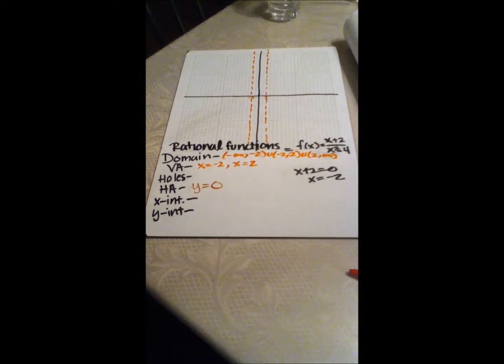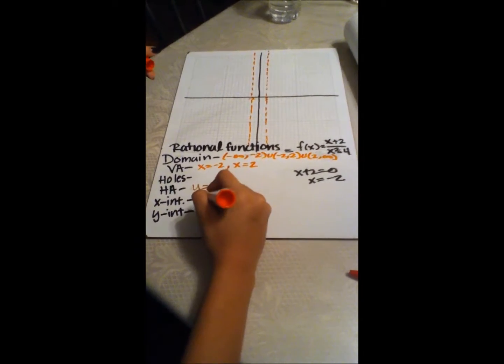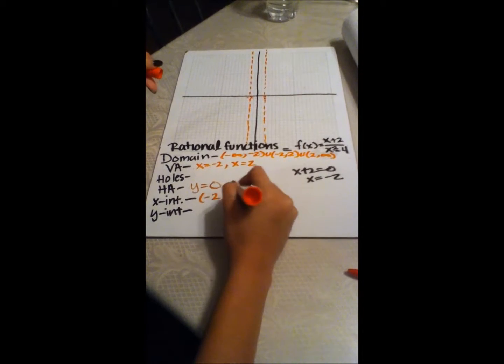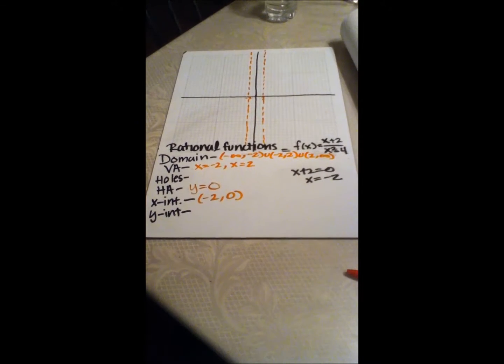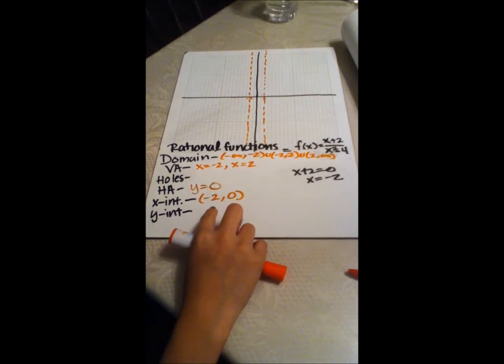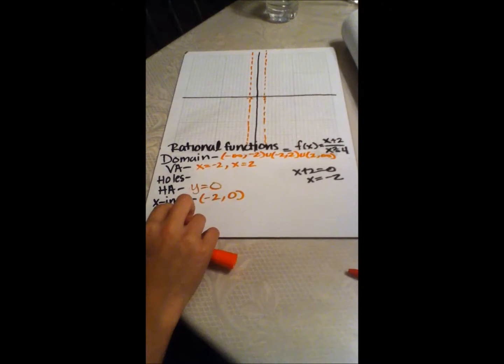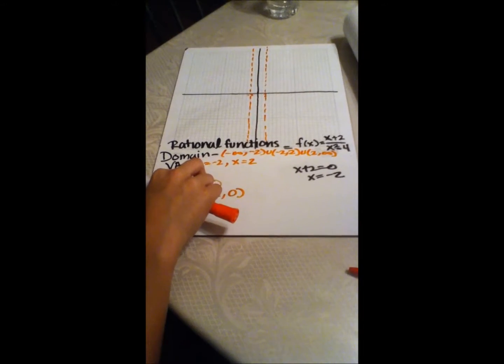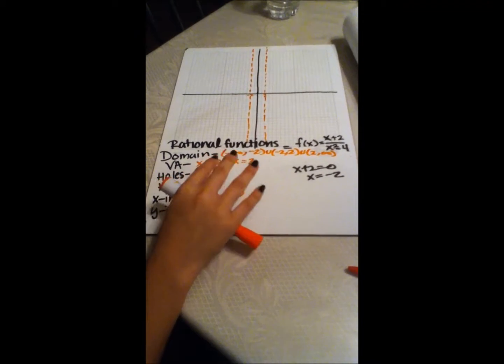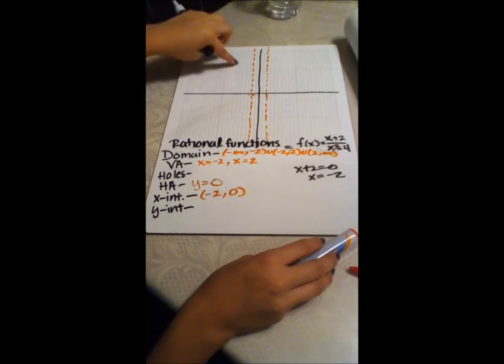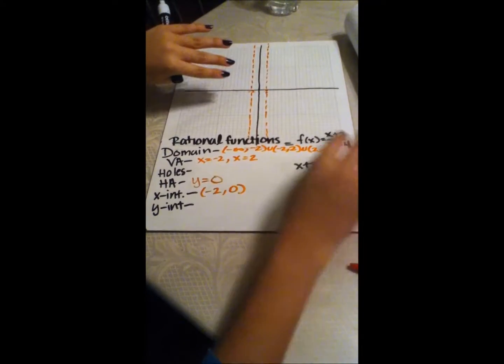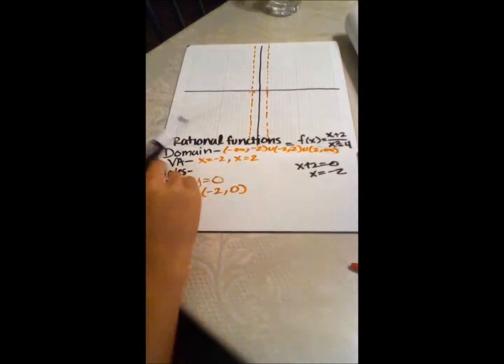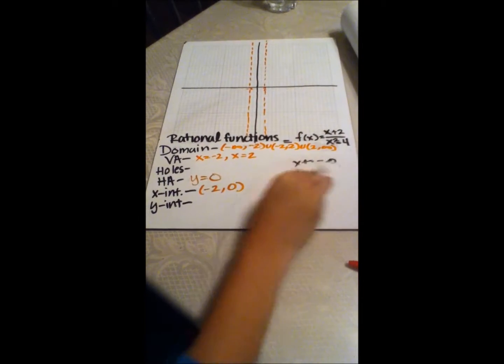That's going to be our x-intercept, negative 2, 0. For this one, you actually write the coordinates because you're looking for the x-intercept. But as said before, the vertical asymptotes are just lines that you put in the graph to see where the graph will be separated. Okay, moving on.